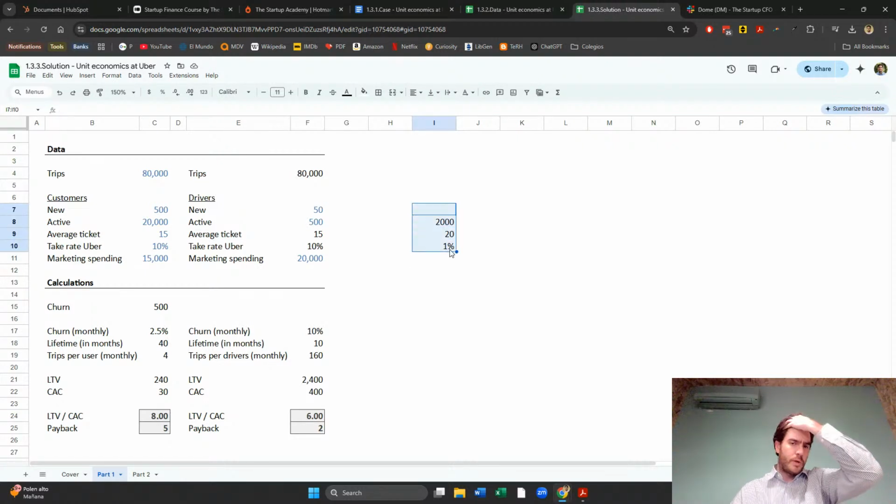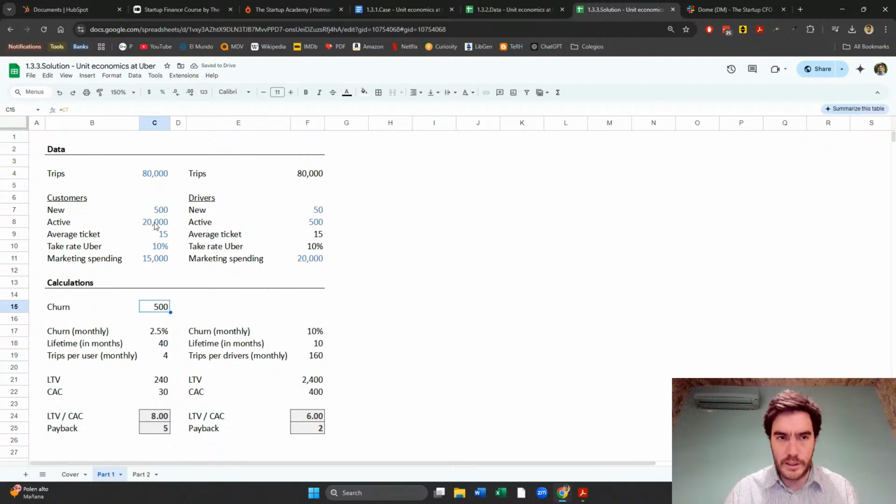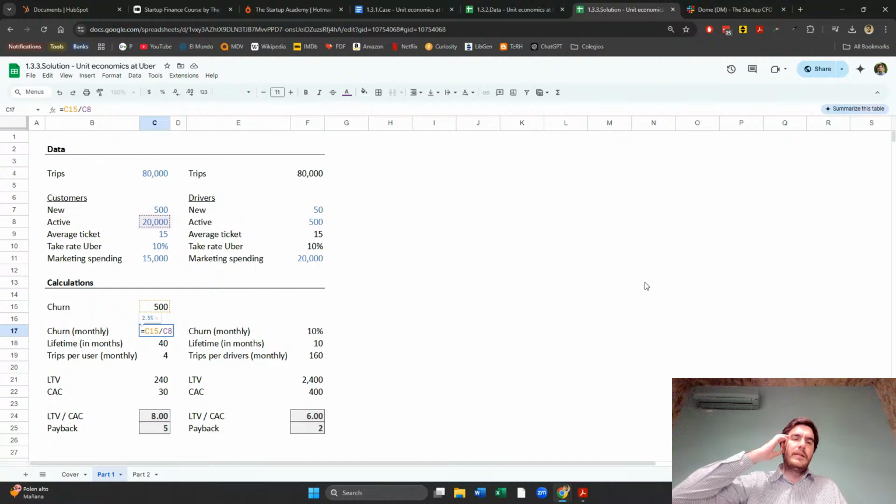So here we're saying that in Barcelona this is already happening. In this city that looks like Barcelona, if we have 20,000 active customers and every month the churn is 500, then the churn in percentage is 2.5%, 500 over the total base of 20,000.